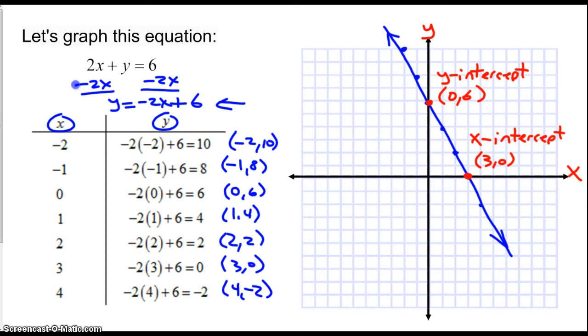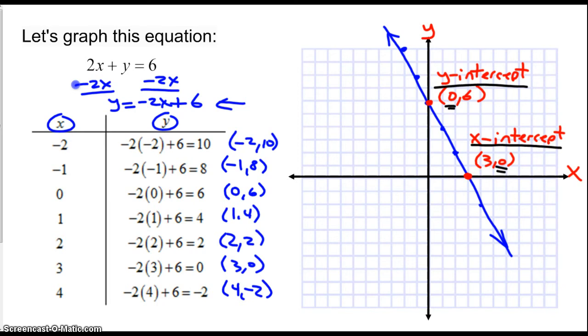But I want you to notice something about the points. The y-intercept has a number associated with it, but the x at that point is always 0. Wherever the line intersects the y-axis, that always happens when x is 0. So for the y-intercept, x is always 0. And for the x-intercept, because it's crossing the x-axis, the y has to be 0.